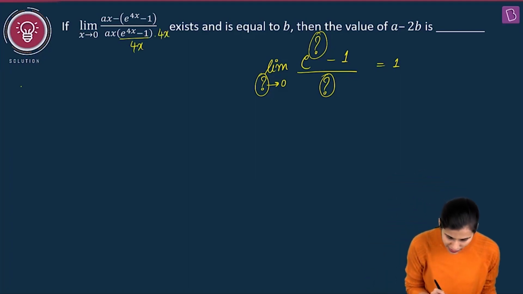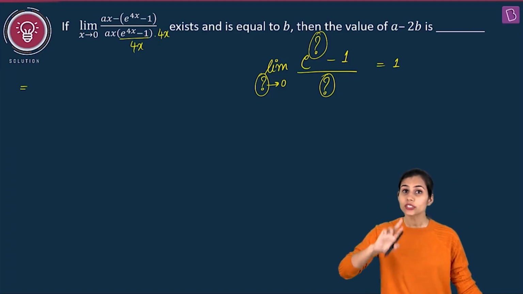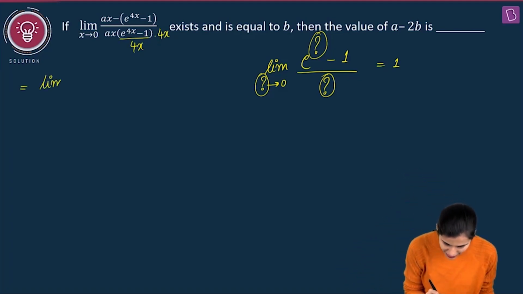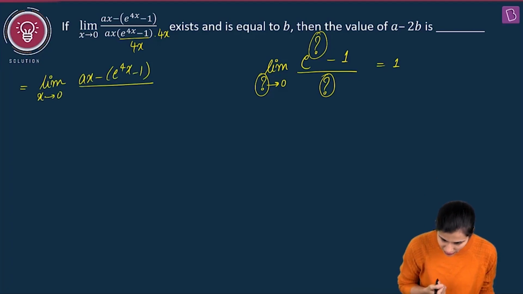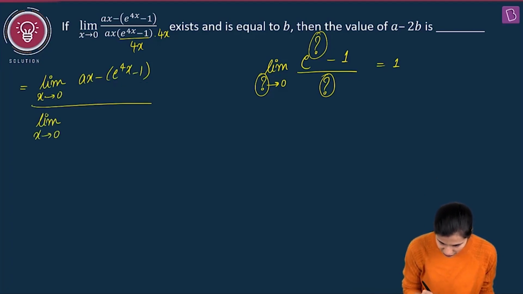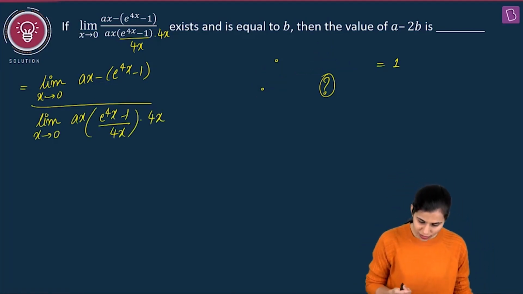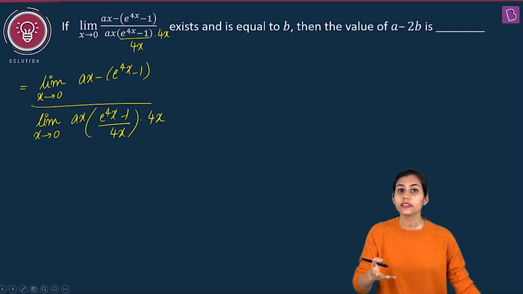So in the next step, what will this give me? You know, limit of the quotient is quotient of individual limits. Using that law, I will write this as limit x tends to 0 of the numerator upon limit x tends to 0 of the denominator. Alright, so now recall that limit of the product is also product of individual limits.